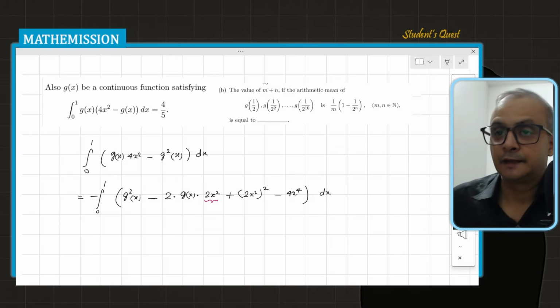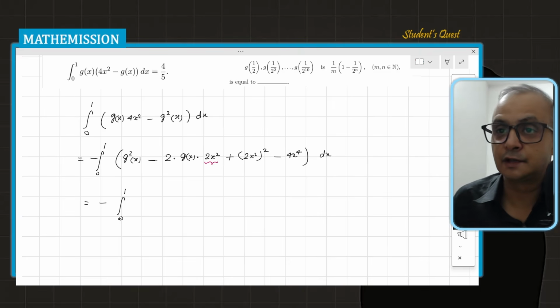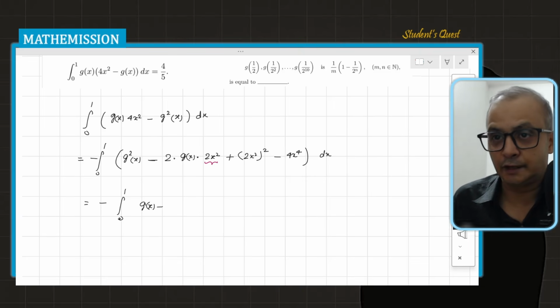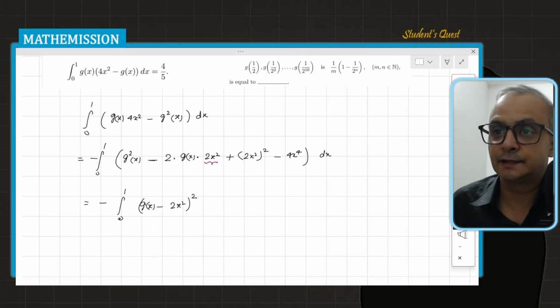Now since I'm collecting the perfect square for the 3 terms, this is going to be g(x) minus 2x squared, the whole squared, and when we take this minus sign and multiply with it, what we get is plus the integral from 0 to 1 of 4x to the power 4 dx.